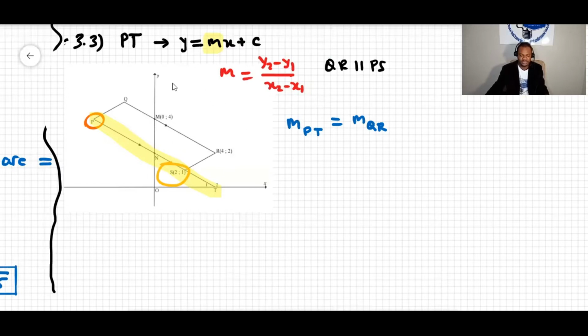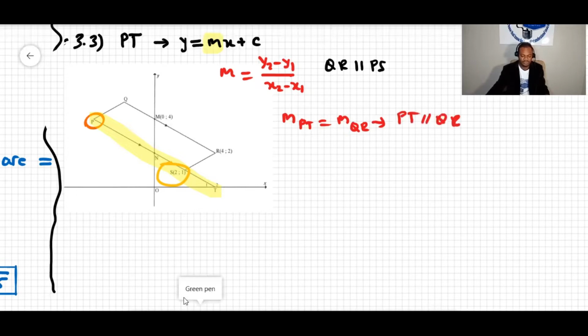Let me write the condition in red: m_PT must be equal to m_QR. The reason is that PT is parallel to QR.